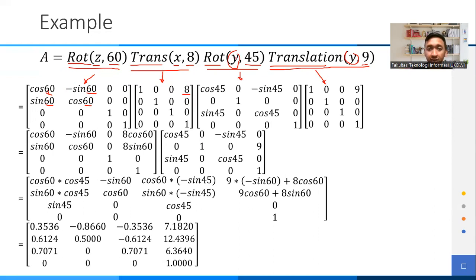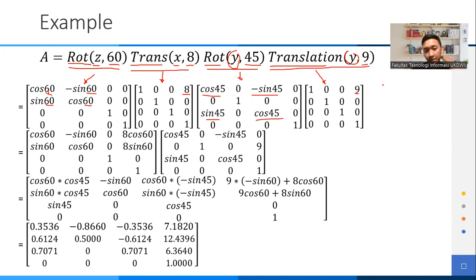And so for rotation in the y-axis, we change the degree here for the cos 45, minus sin 45, sin 45, and cos 45. And for translation in the y-axis, we can change again with 9 in this place.